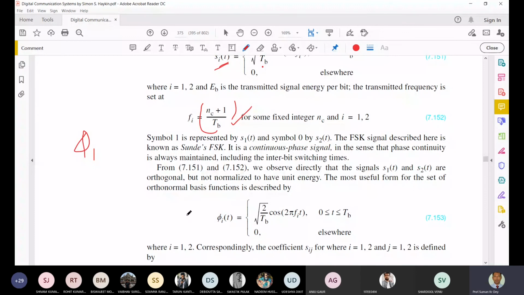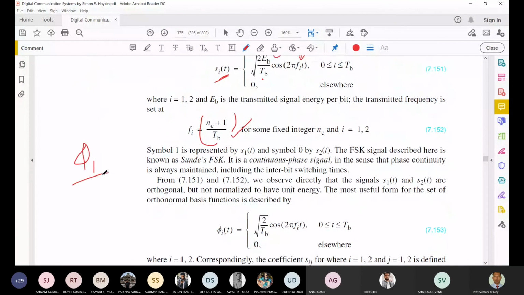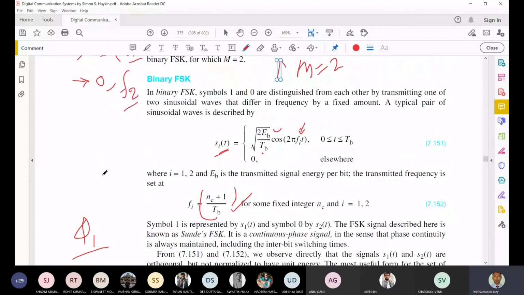Can we take two different orthogonal functions to represent the 2 bits? The basis function is defined depending on the N value, that is, how many dimensions we are considering. In some cases, if there are 2 bits, we can also take 2 dimensions.